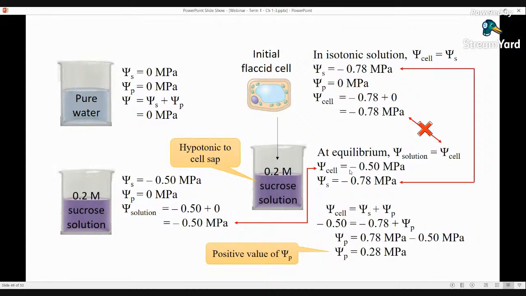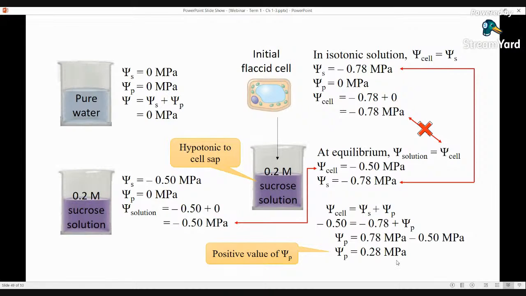So what is the solute potential of the cell? It's at the isotonic. See here, the solute potential is equal to negative 0.78. So we take this one, put it into the formula, and calculate. We get the answer 0.28.